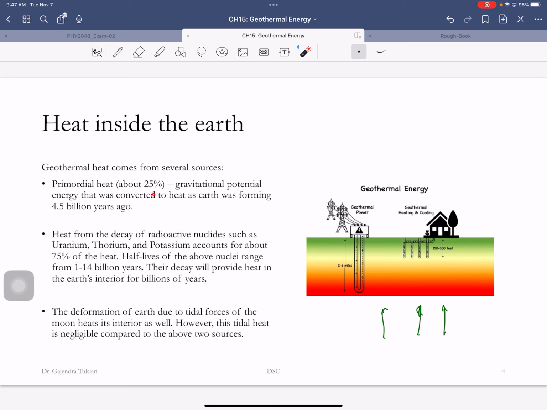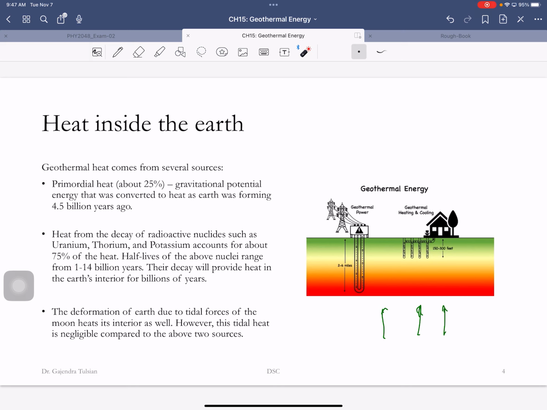All right, so that's 25%. The other 75% is from these guys radioactively decaying and producing the heat: uranium, thorium, and potassium. They have a half-life. This one has a half-life of roughly 1.25 billion years.